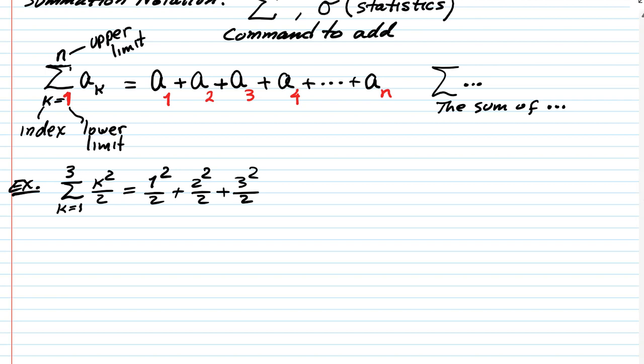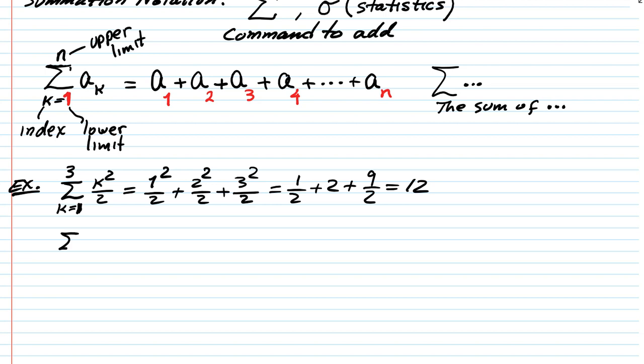So the sum goes, as we say, from 1 to 3. And then you actually evaluate the fractions, a half plus 2 plus 9 halves, right? And that's going to be 7. There you have it. That worked out nicely. So that's how you expand the sum.